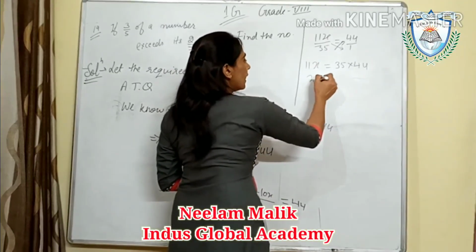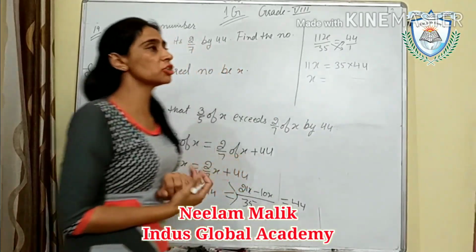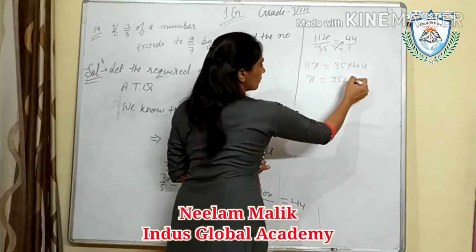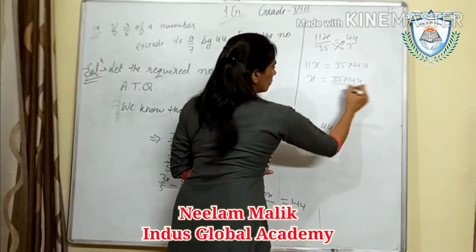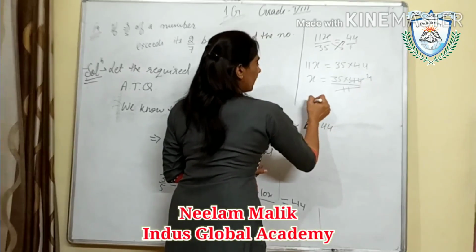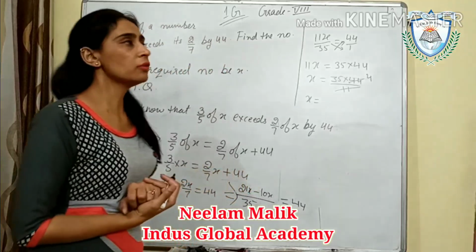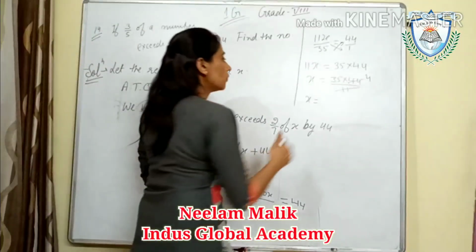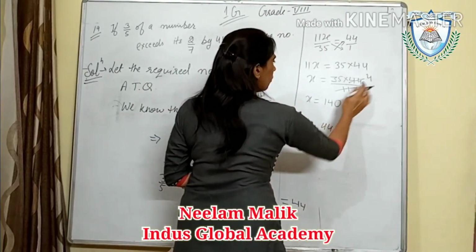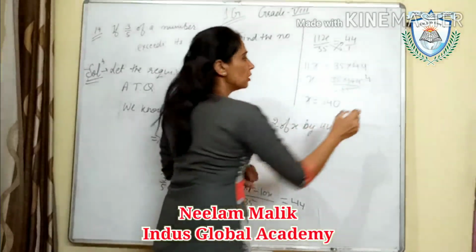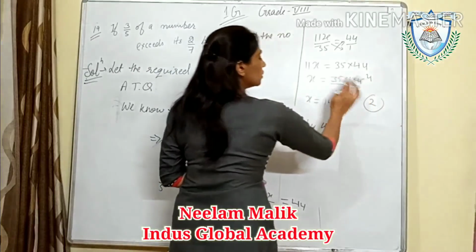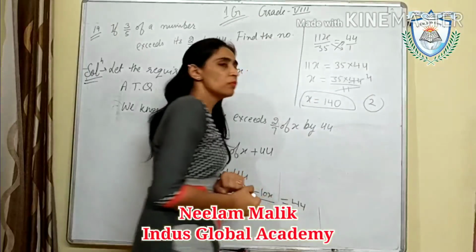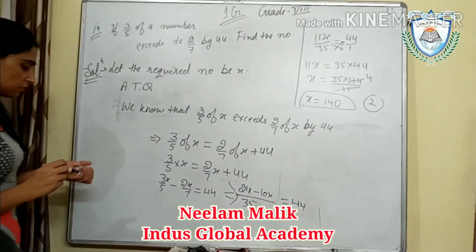So here will be only x. Here this is in multiplication, so on the other side it will be in division. So 44 over 11, x is equal to 35 into 4. So what will be 35 into 4? It will be 140. How? 4 fives are 20, 2 will be carried. 4 threes are 12 and 2 is 14. So x will be 140. What is this? This is our required number.